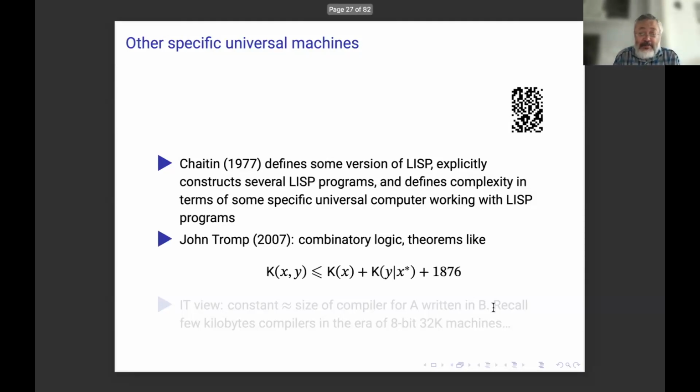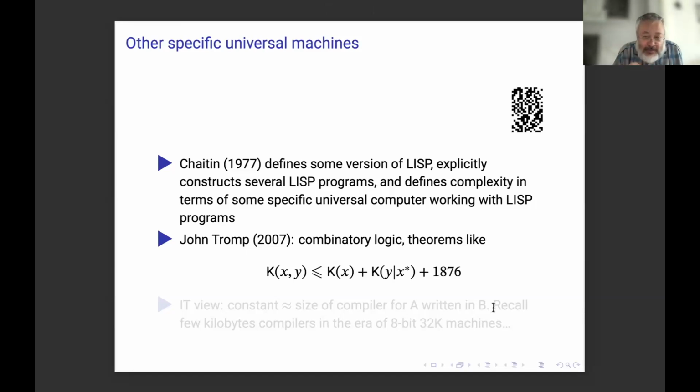And John Tromp, who switched from Lisp to the more concise combinatory logic, has defined some specific universal machine and even proved specific theorems. There is a well-known theorem about complexity, that the complexity of a pair is bounded by the complexity of the first element of the pair plus the conditional complexity of the second element plus a constant.